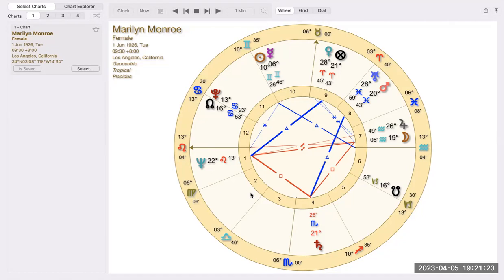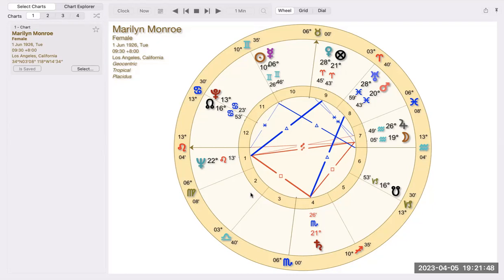So is the third house about siblings, and your earliest environment, your vicinity? Early environment is house 4, I think, which is your roots.